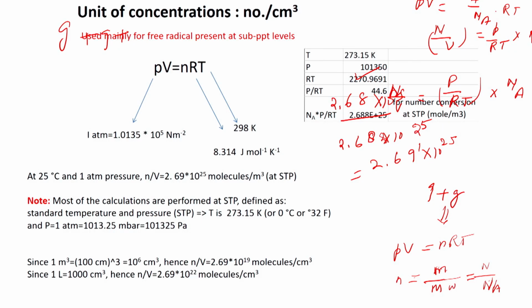So here the unit will be number of molecules per meter cube. So we have n by V equals 2.69 into 10 to the power 25 molecules or atoms or ions, whatever you want to write, divided by meter cube.